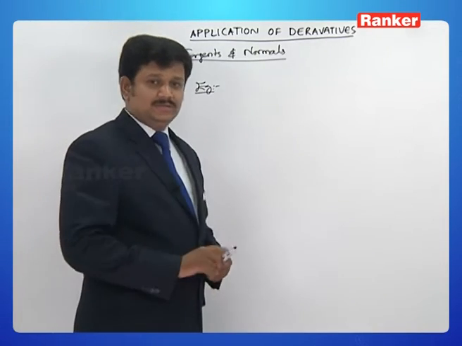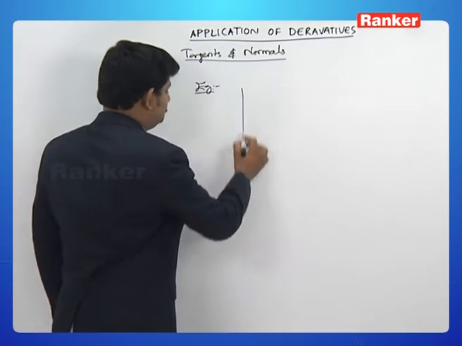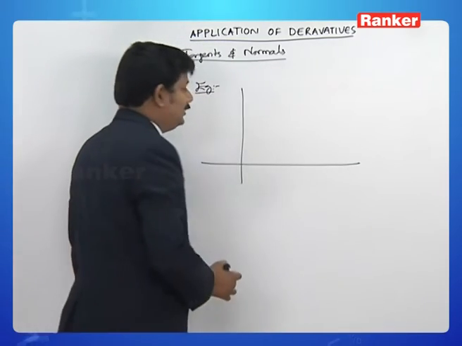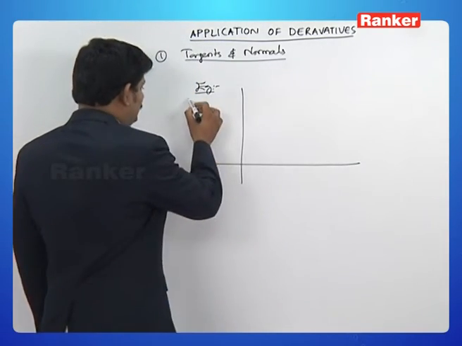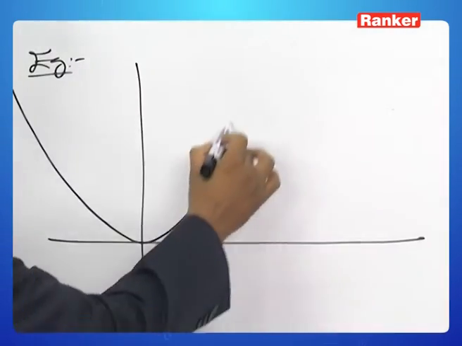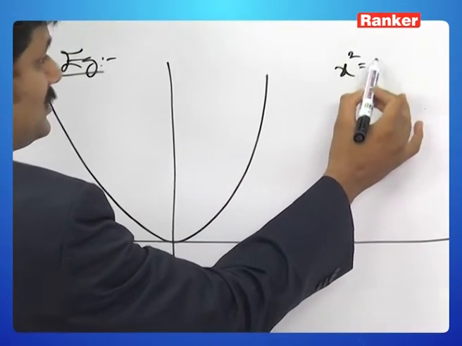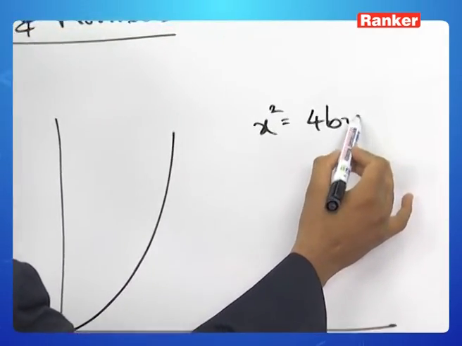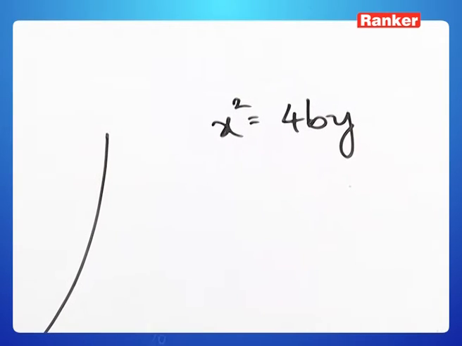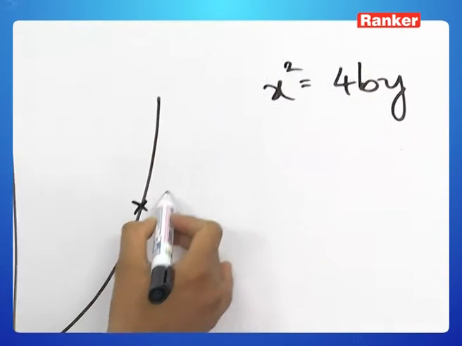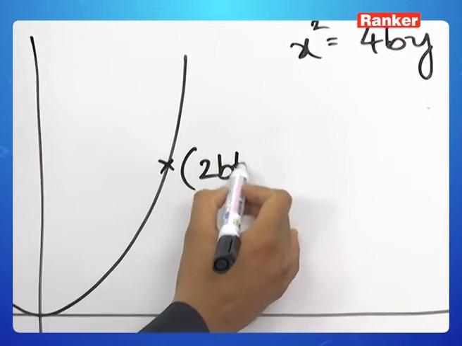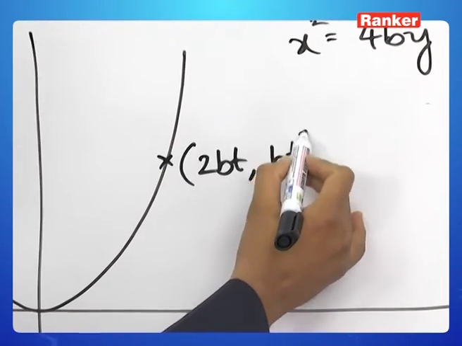Let us look at another example. Let us say I am asked to find the tangent to the curve x square is equal to 4by at the point (2bt, bt square).